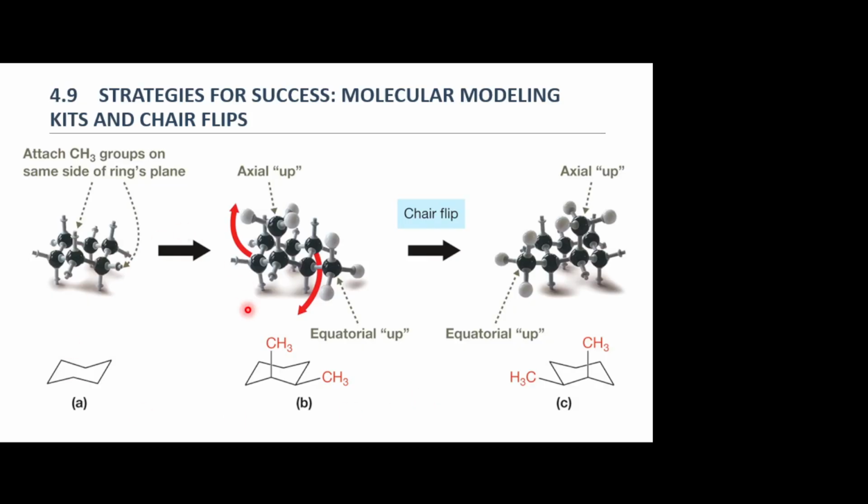These right here are what the models look like. This is the chair conformation with a model kit. This right here is the equatorial and sort of the upward position as we saw here. Can everybody see that equatorial position? And then this is the axial position right there.